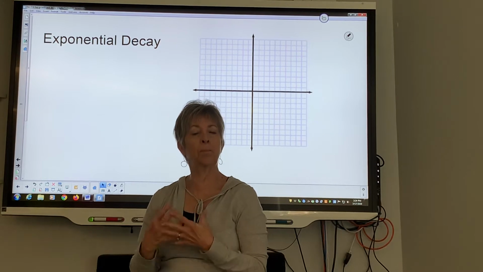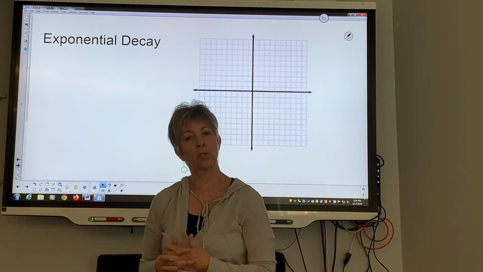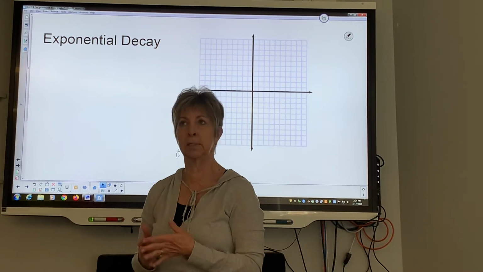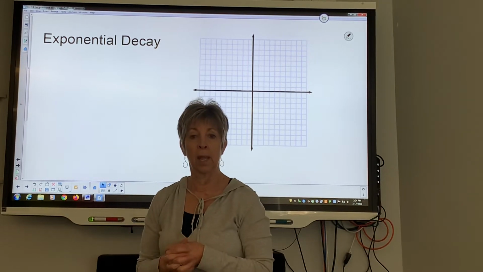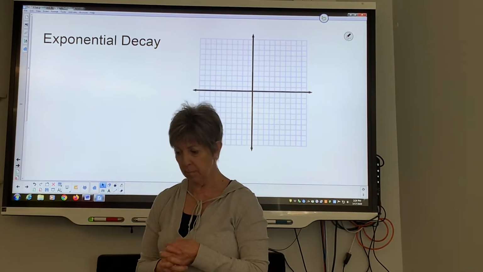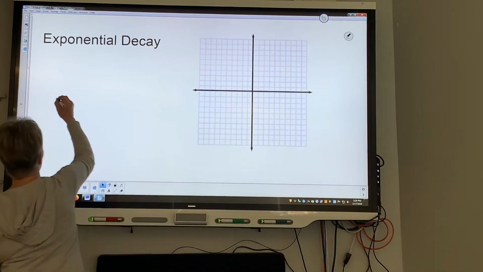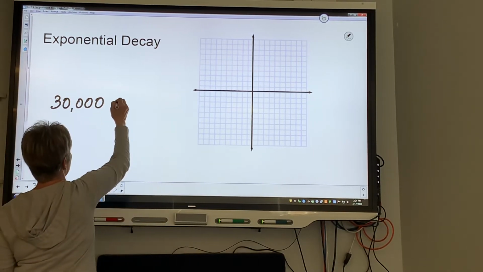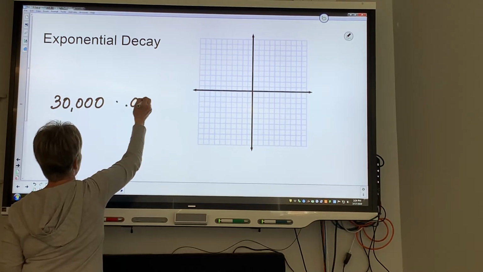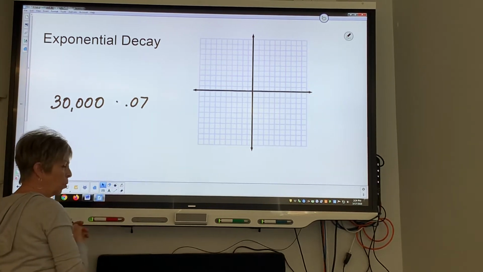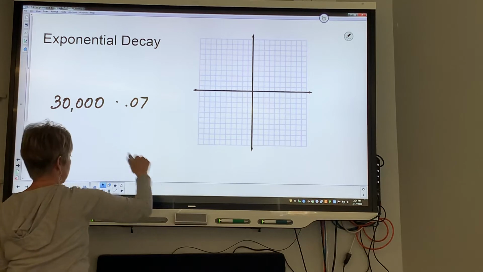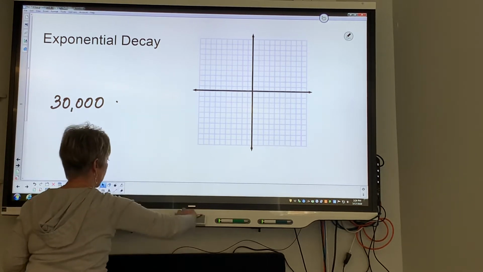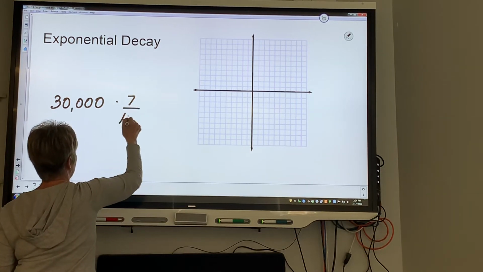Now, that means the biggest loss is going to be in the first year, because if you buy a car that's, let's say, $30,000 and you're going to lose 7%, let's do the math. 7% is 0.07. Remember the quick way to find a percent? 7% is 0.07 or 7 over 100.